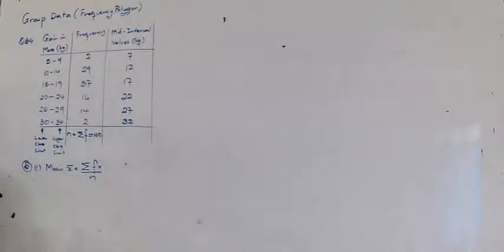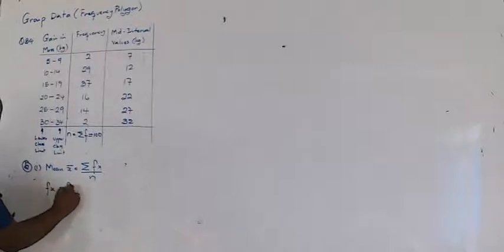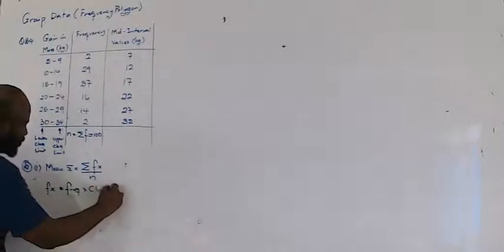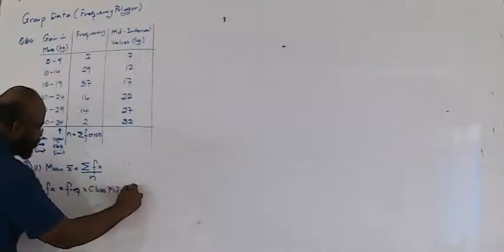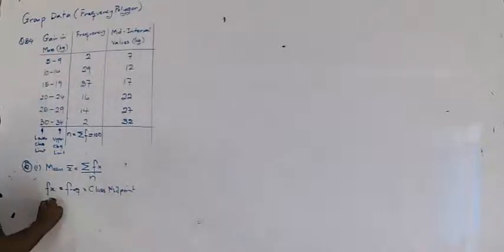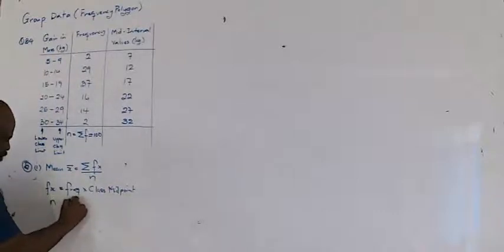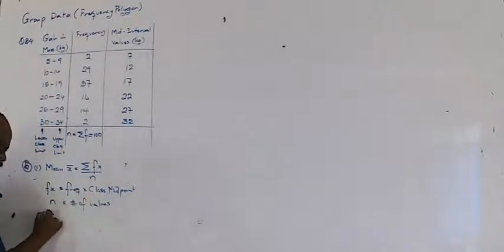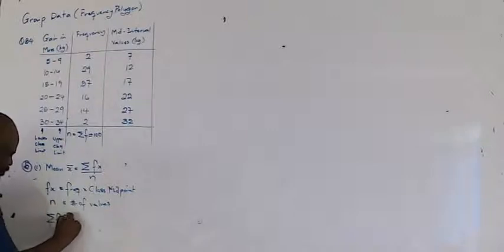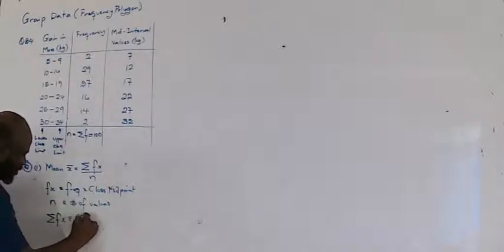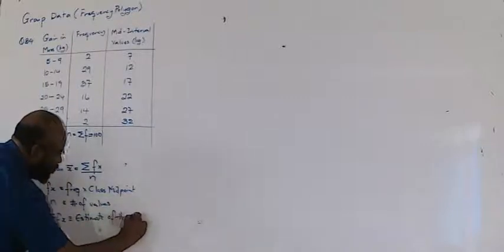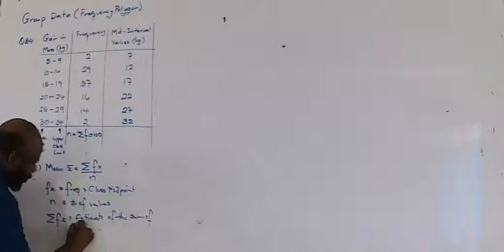Now, the fx is frequency times class midpoint. N stands for the number of values. Now, the sum of fx is an estimate of the sum of all values.